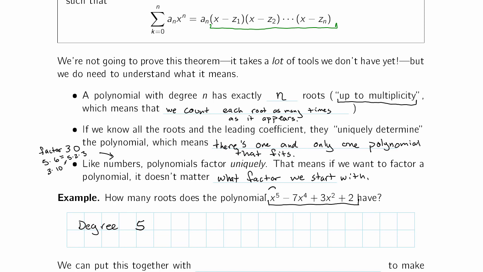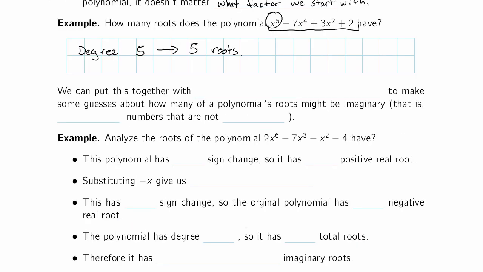This polynomial has degree 5, which means that without doing any extra math, we know right away that this has 5 roots. We can put that fact together with Descartes' rule of signs to make some really good guesses about how many of a polynomial's roots are going to be imaginary. So by imaginary, we mean a complex number that's not real.